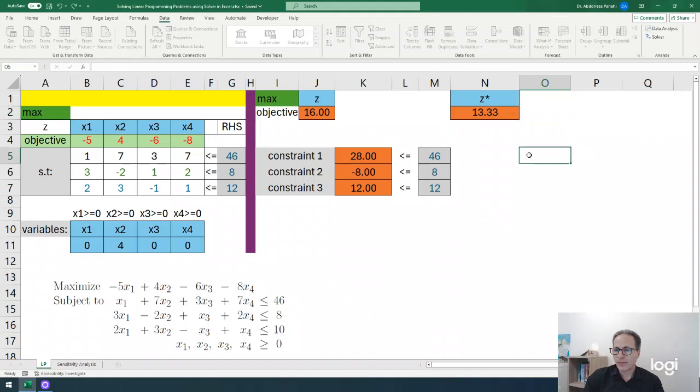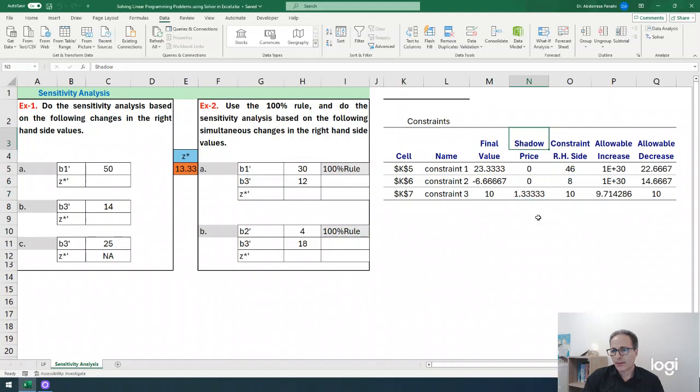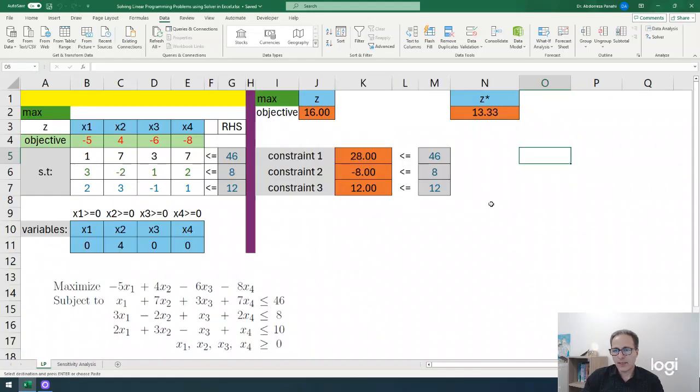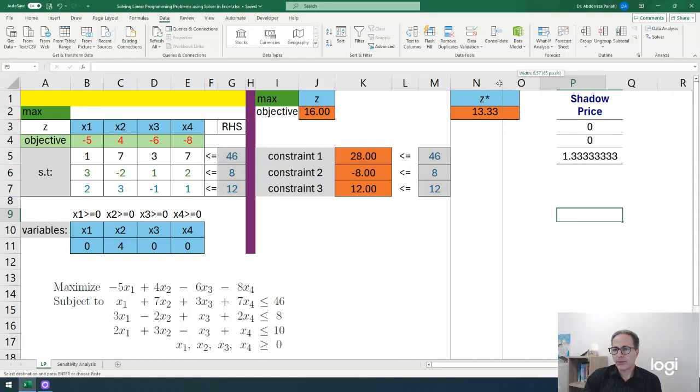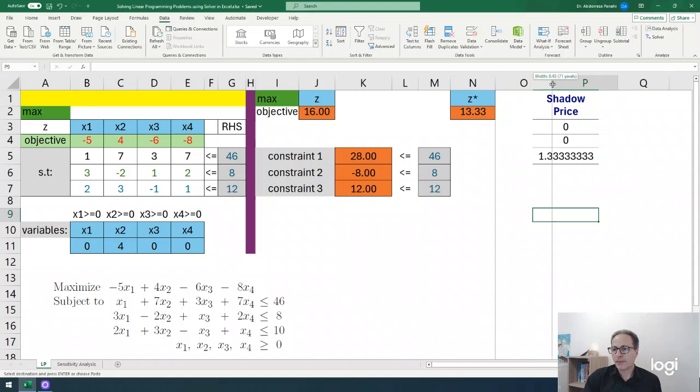So this shadow price column, Control C. Since I'm using them, then I paste them here and see how it works. Now, this is the original value. This is the new one that we found. But I want to show how it works, how we can predict that one.